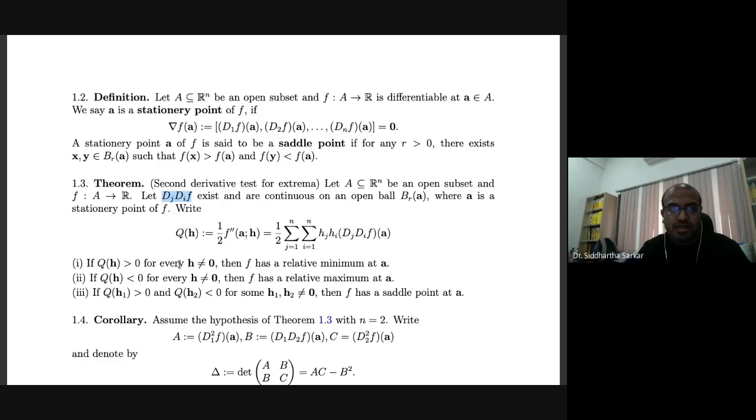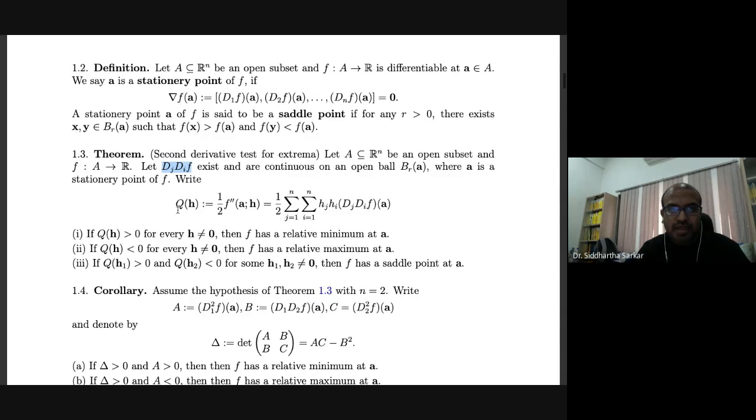So what you do is you look at the second directional derivative of f at a in the direction h. So this is f''(a; h), and because of the continuity, it's nothing but the second derivative of f computed at a, treated as a linear map, evaluated at the point h. Okay, so if you do this, you have seen this calculation before. With a two-step application of the second derivative formula, you can simply write it as this quadratic expression.